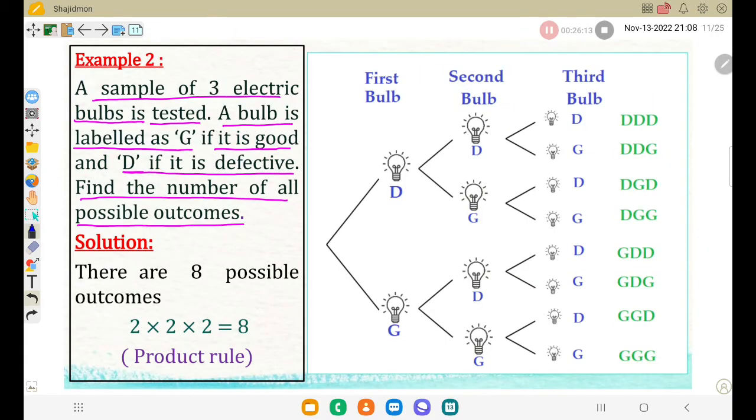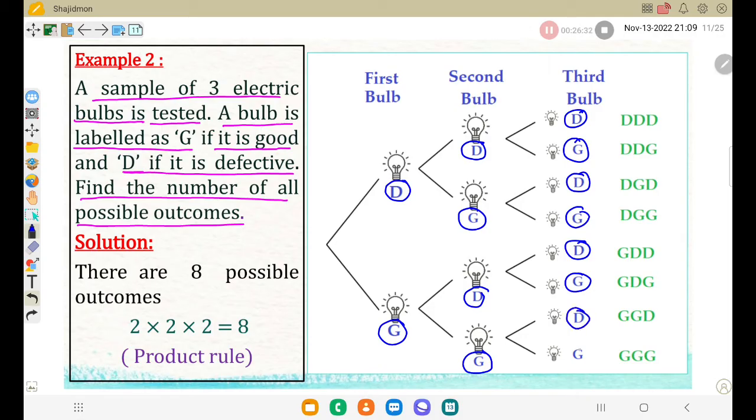So here the answer is written. You can see first bulb either defective or good. You can write G and D also, no importance. And second bulb good or defective, third bulb also good or defective, all the outcomes. Like this we are getting, for example DDG. So totally we are getting 8 outcomes.